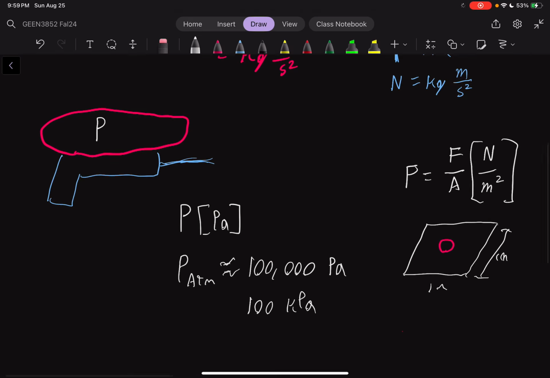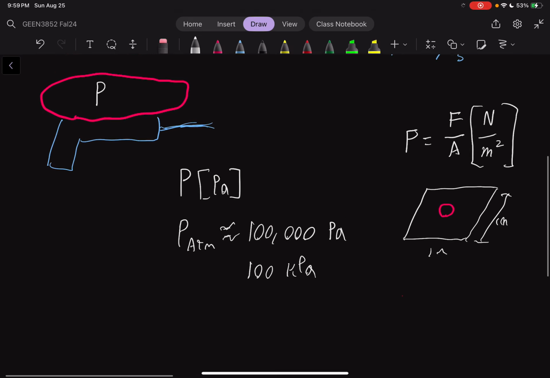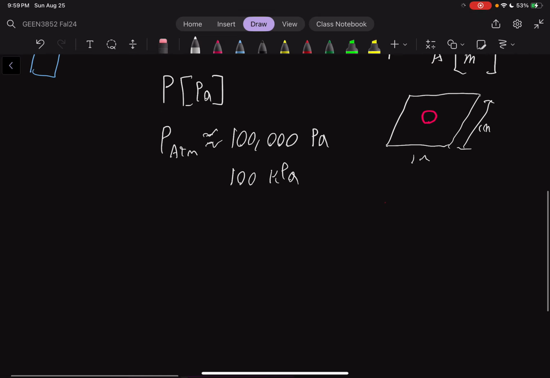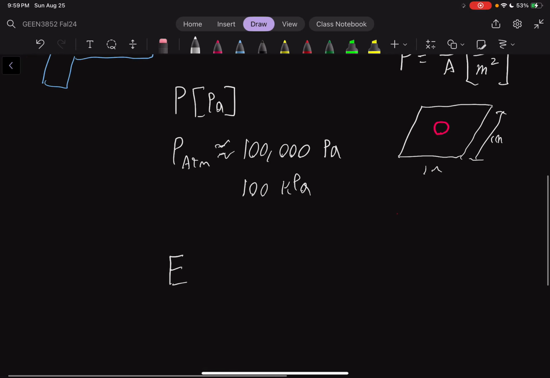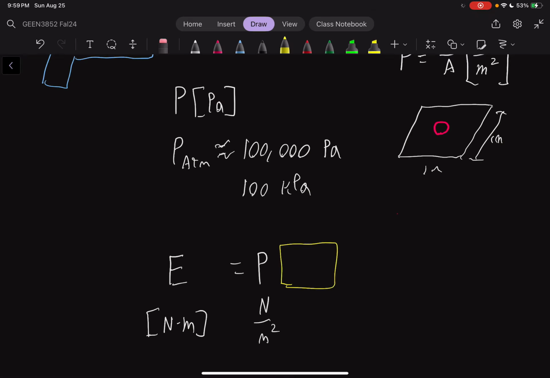But going back to how we convert this pressure into energy, they have different units, right? We said the units of energy were newtons times meters, and the units of pressure are newtons per meter squared. So we might want to ask ourselves, what variable would we multiply pressure by to get the energy in that tank?